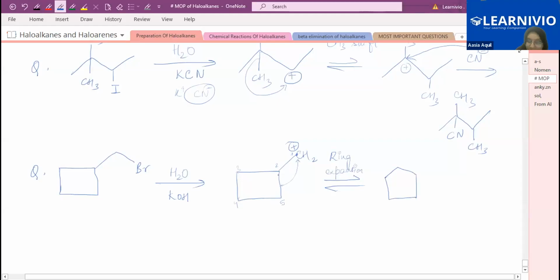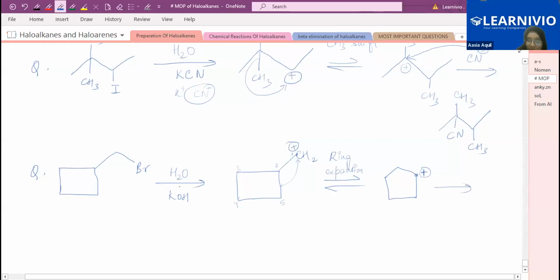Five-membered ring, right? And suppose this was the first position, then here the carbocation formation will happen. Five-membered ring. Carbocation formation here. Now what are we supposed to do? The carbocation was on this carbon, this first carbon, so you started from here: first, second, third and so on. So basically ring expansion happens and you just get the five-membered cyclic ring, right? And the carbocation is on this carbon.